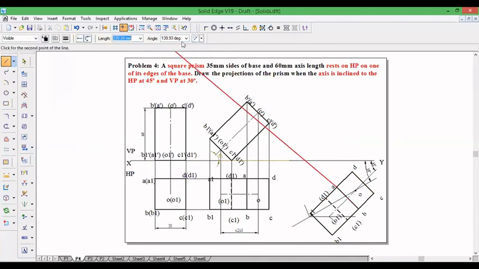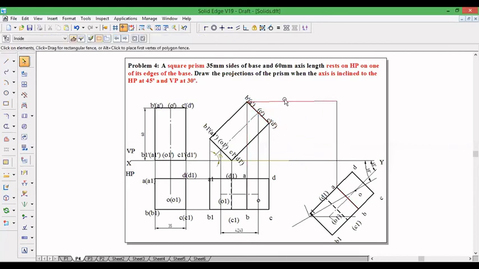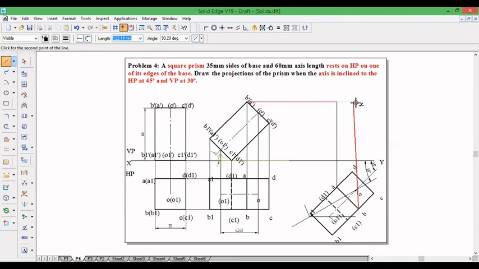Similarly, projection of B comes here, projection of C, projection of D, projection of A1 to A1 dash.